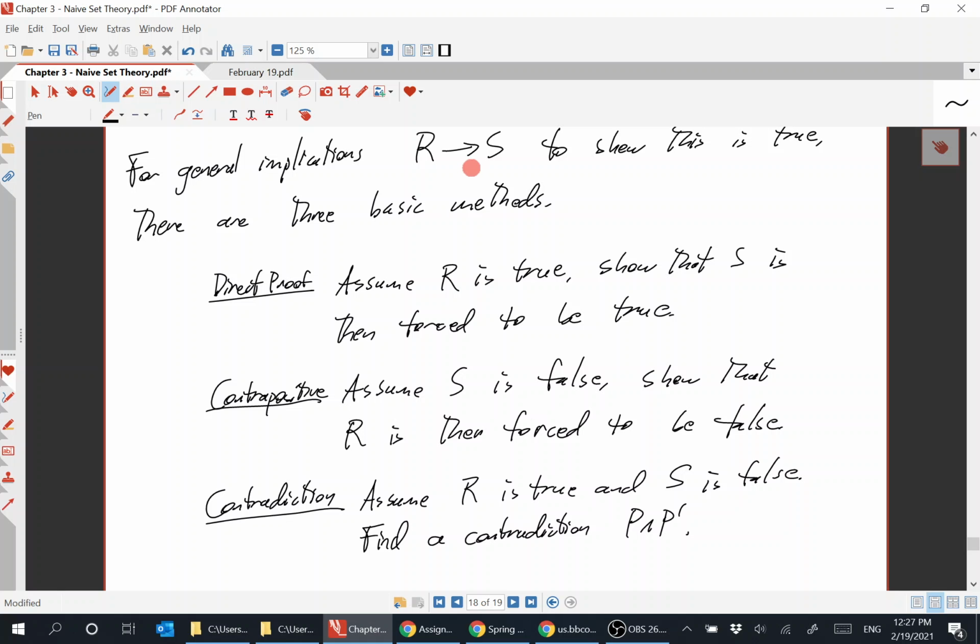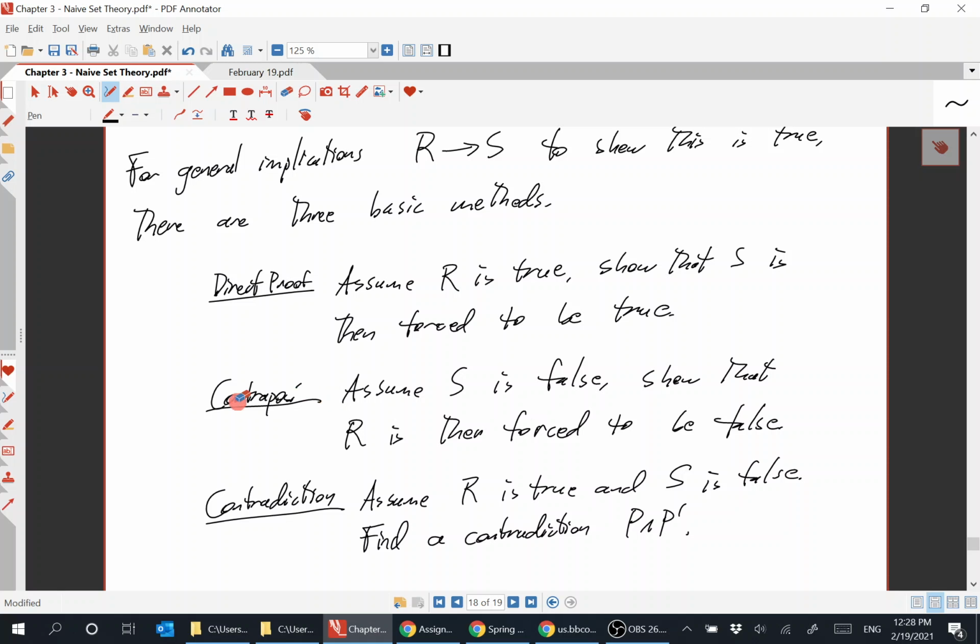So for general implications, R implies S, to show this is true, there's three basic methods. Direct proof: assume R is true, show that S is then forced to be true. In other words, this true, this false doesn't happen, because that's the only time an implication is false: when the hypothesis is true and the conclusion is false.